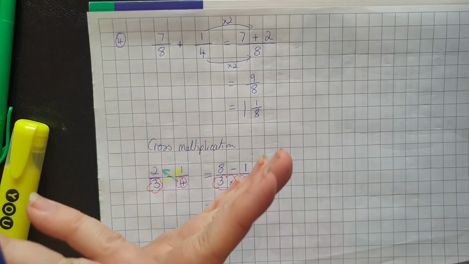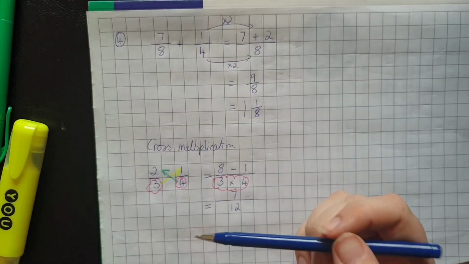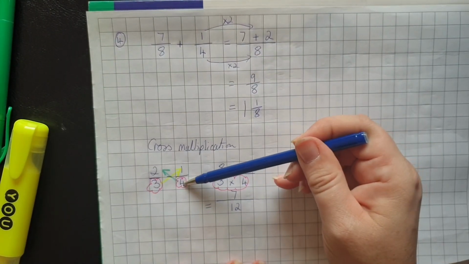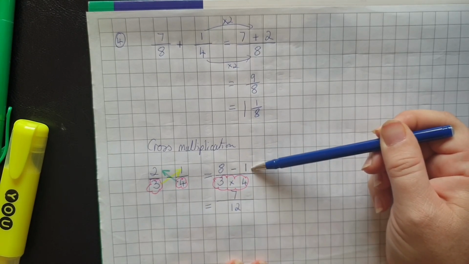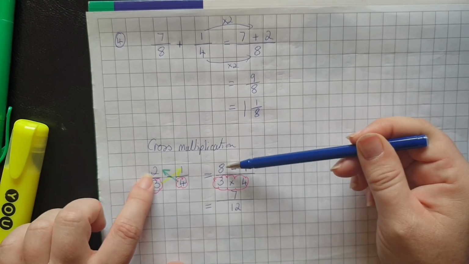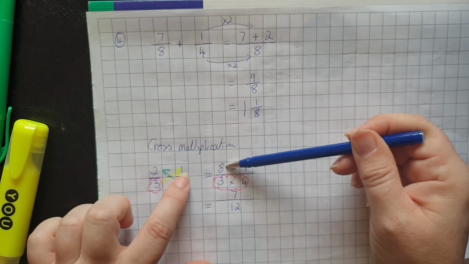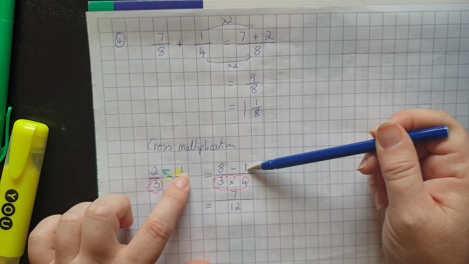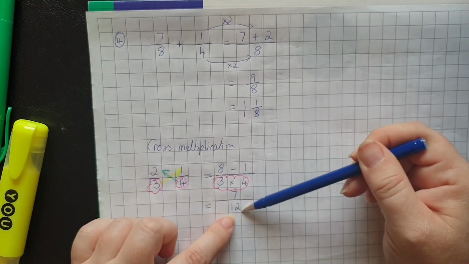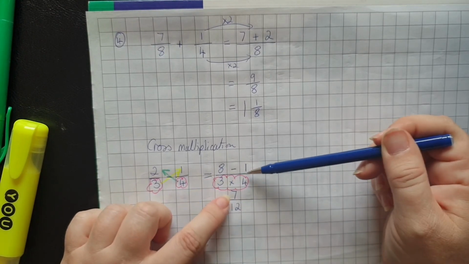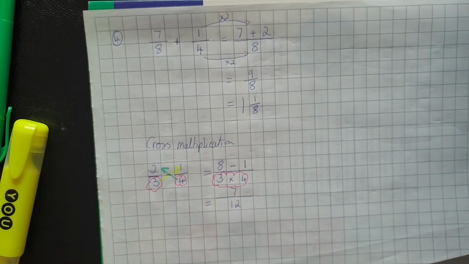We're then going to cross multiply to find our new numerators. So 4 times 2 is 8, 3 times 1 is 1. We then need to work it out. So 3 multiplied by 4 is 12, 8 minus 1 is 7.